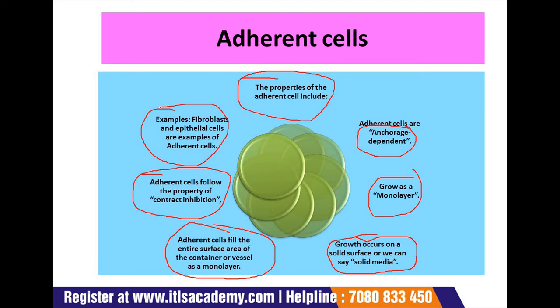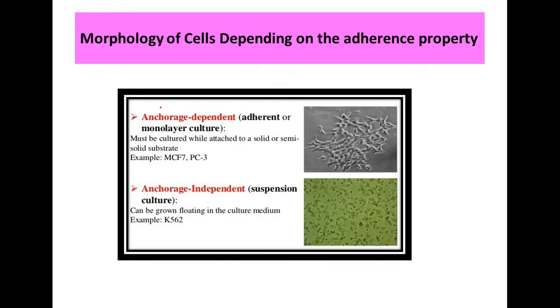Now we are going to see the morphology of cells dependent on adherence properties. As anchor dependent, you can see this is an adherent cell and this is a suspension cell. Adherent cells must be cultured while attached to a solid or semi-solid surface. Examples are MCF7 and PC3.